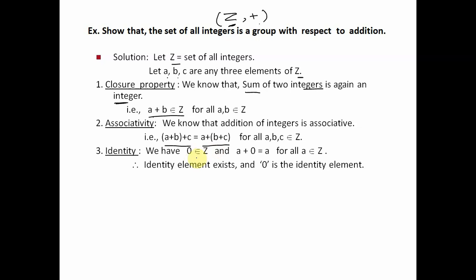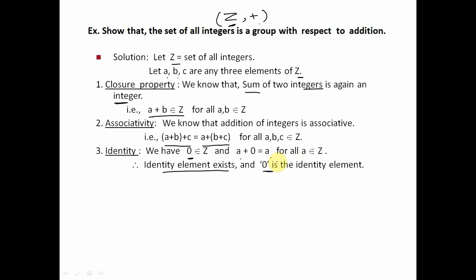I also know that 0 is the identity element. As it is the addition operation, for addition 0 will be the identity element. Why? Because if you add 0 to any integer, you will get that integer back, and 0 is also an integer. So the identity element exists and it is 0.